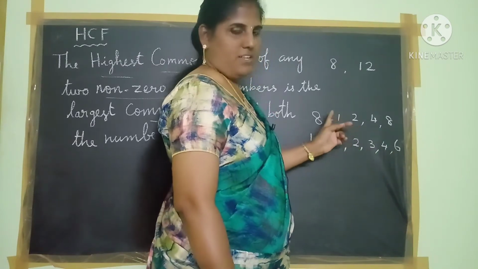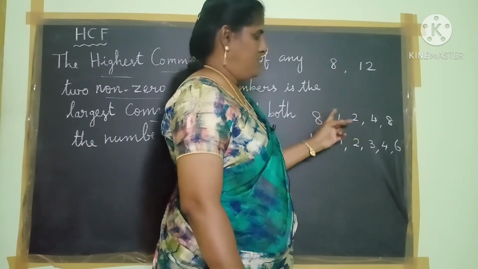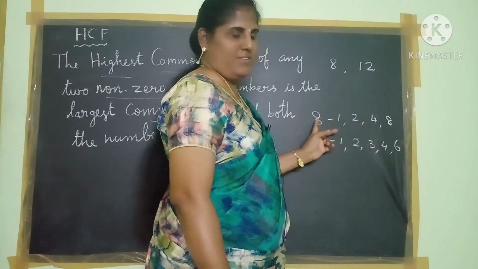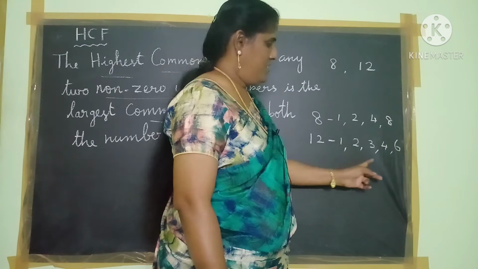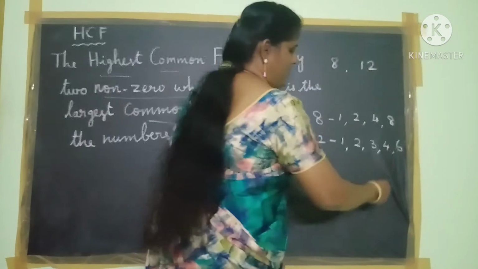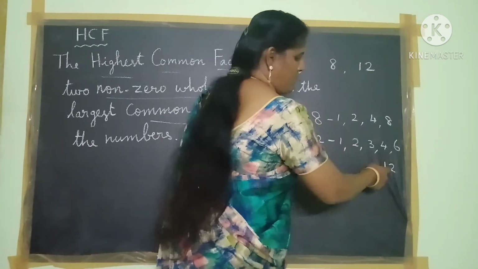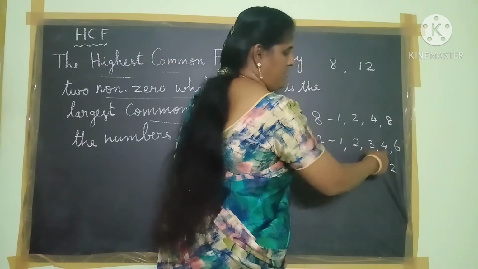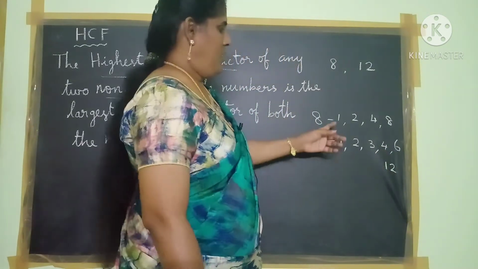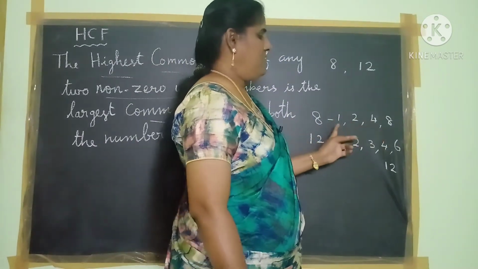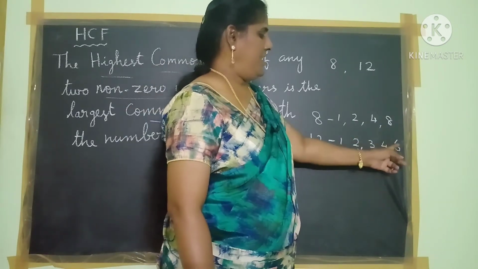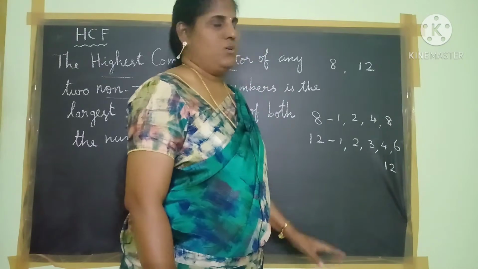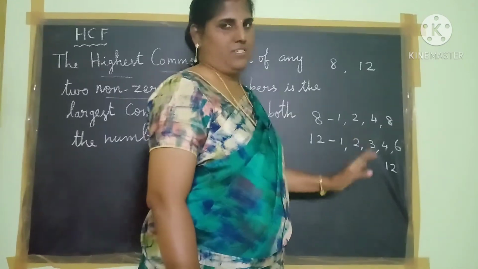See, 1 8s are 8, 2 4s are 8. 2 6s are 12, 1 12s are 12, 3 4s are 12. So how many factors are there? 8 has 4 factors and 12 has 6 factors. So first you list out the factors.